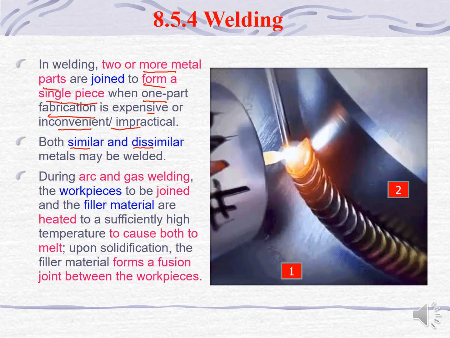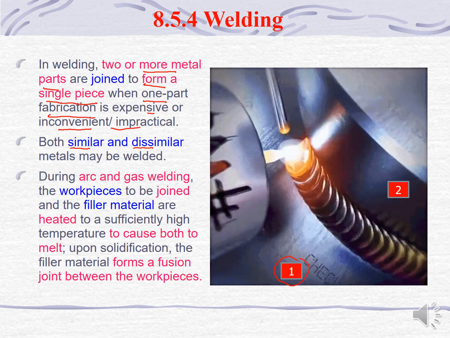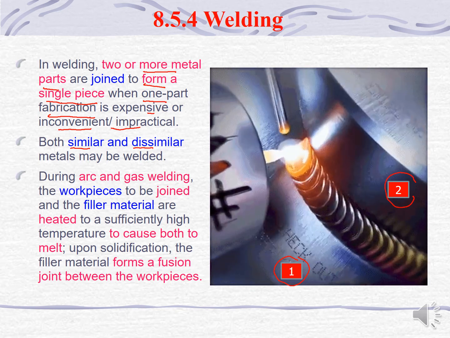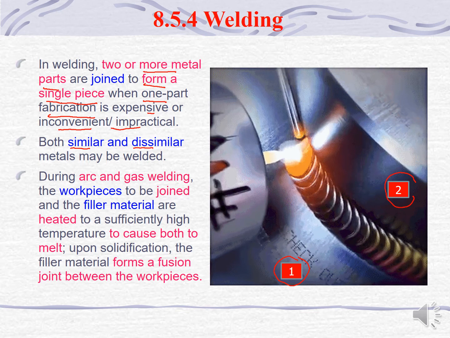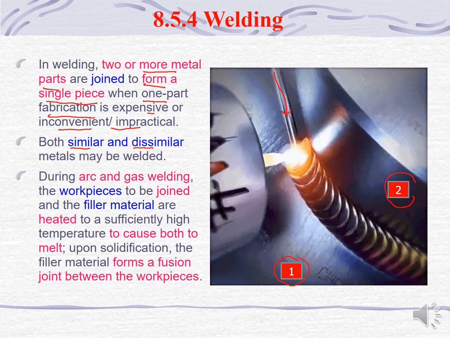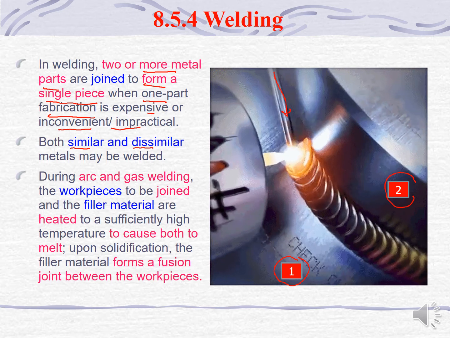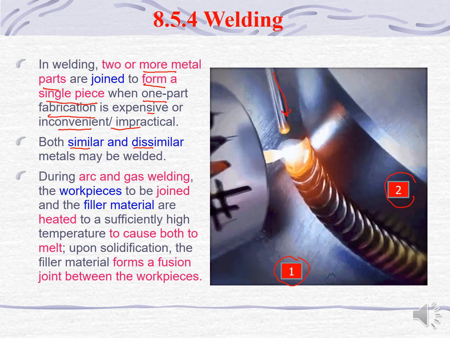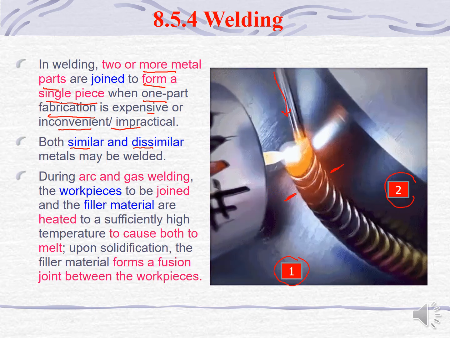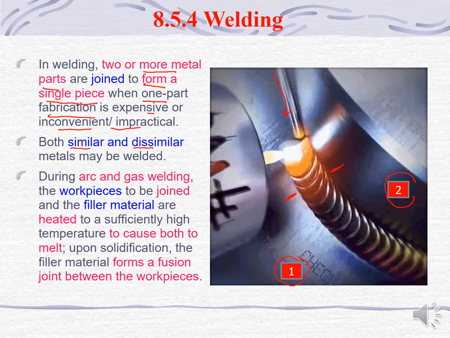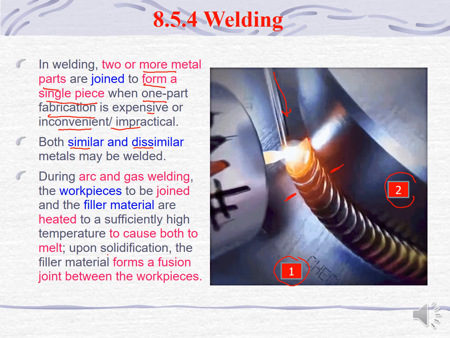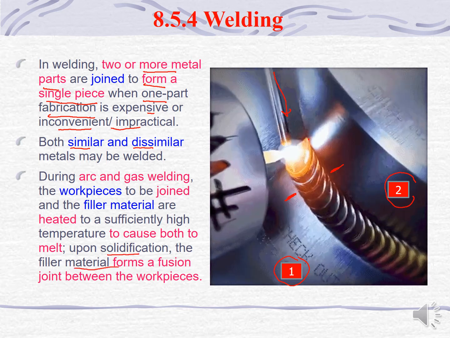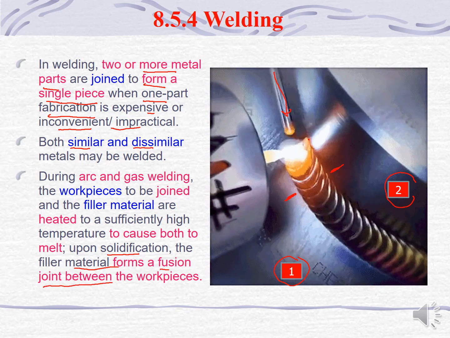During this process, we have two plates of metal, the metal to be joined, and the filler material, heated to a sufficiently high temperature to cause both metal plates to melt at a certain area under this weld bit. Upon solidification, the filler material forms a fusion joint between the work pieces.